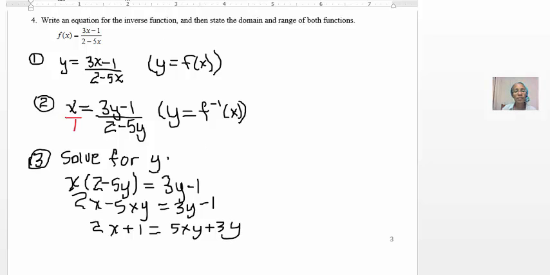So that's actually what I've done at this step. I've added 1 and 5xy to both sides of the equation.